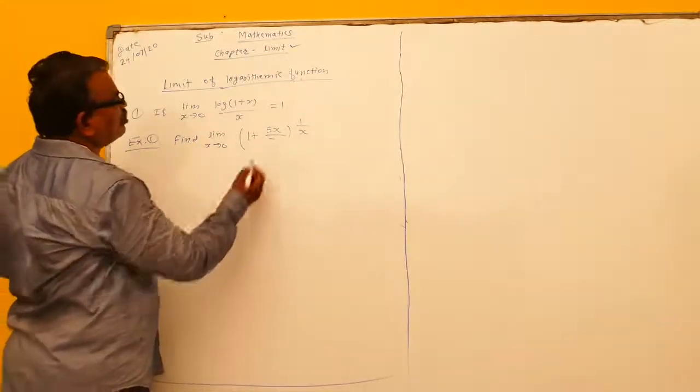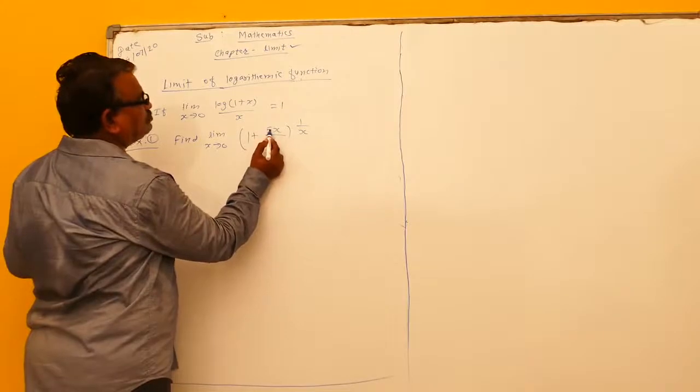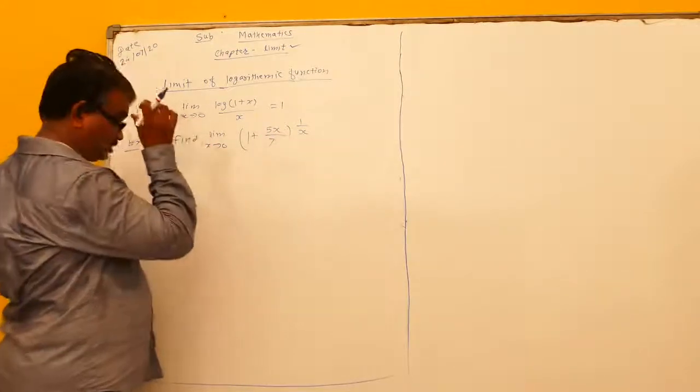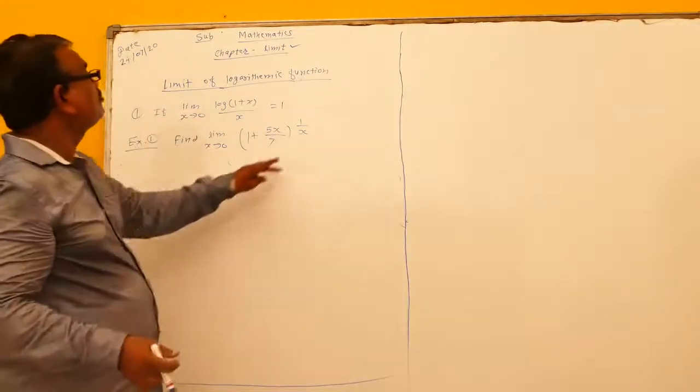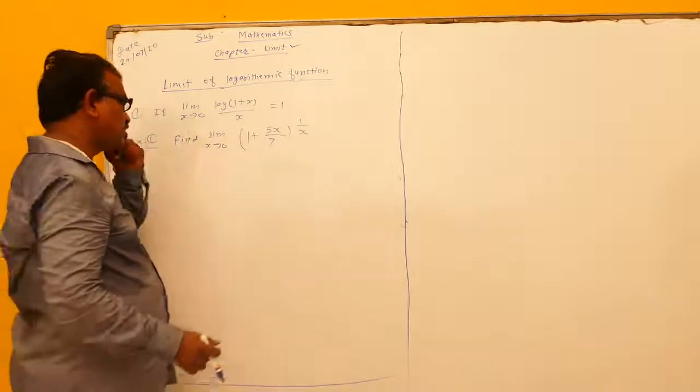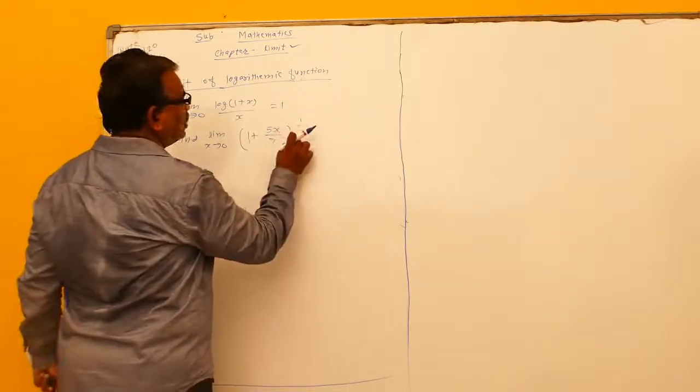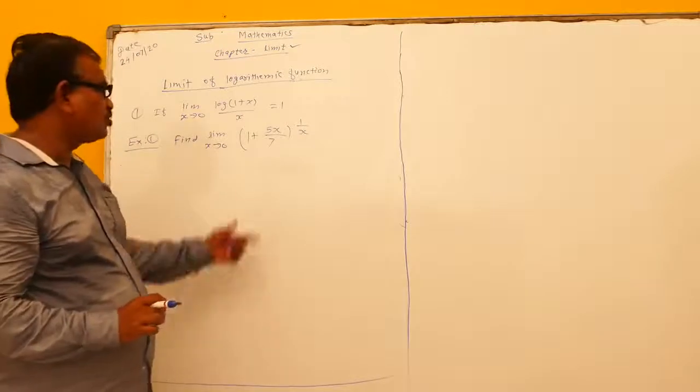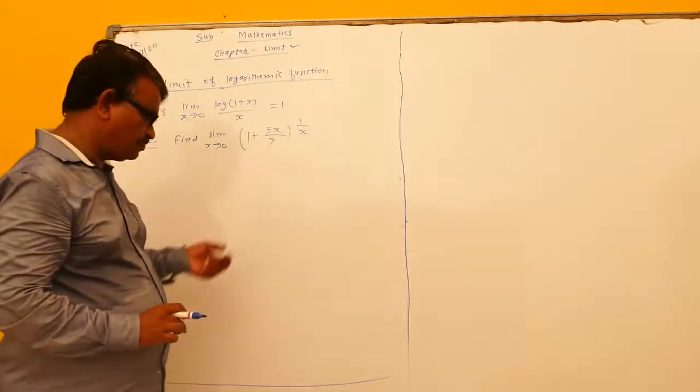See here, the coefficient of x is 5 by 7 and its power is 1 by x. So the coefficient of x is 5 by 7, and its power must be exactly 7 by 5, which is just needed for solving this problem.